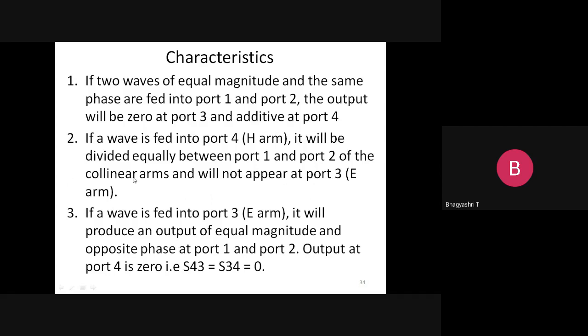Second characteristic: if a wave is fed into port 4, the H arm, it will be divided equally between port 1 and port 2 of the collinear arms and will not appear at port 3, the E arm. If a wave is fed into port 3, the E arm, it will produce an output of equal magnitude and opposite phase at port 1 and port 2. Output at port 4 is 0, that is S43, S34 is equal to 0.